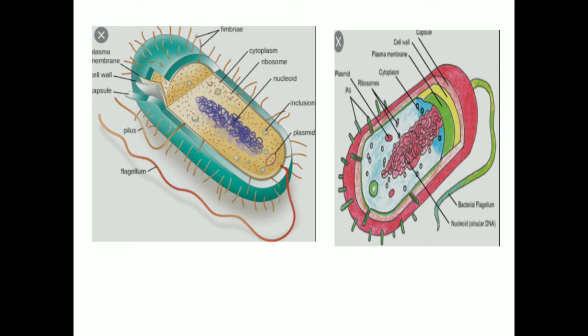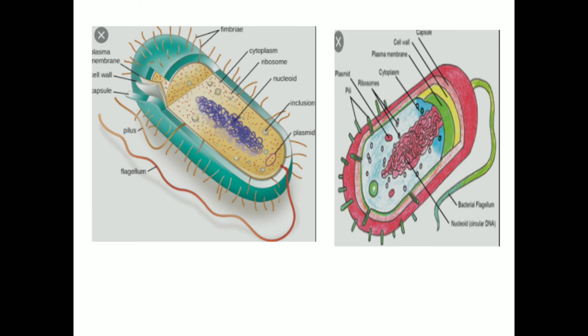It is just freely floating inside the cell cytoplasm. Again, it also has ribosomes. But what is the difference in the ribosomes which are present in eukaryotic as well as in prokaryotic? So friends, I will explain here the difference between ribosomes which are present in the prokaryotic cell or bacterial cell.